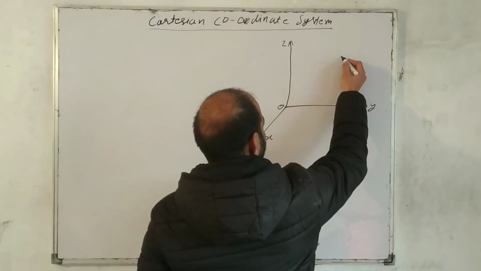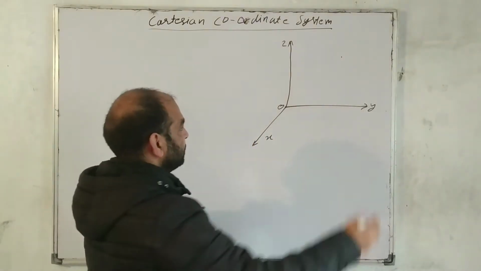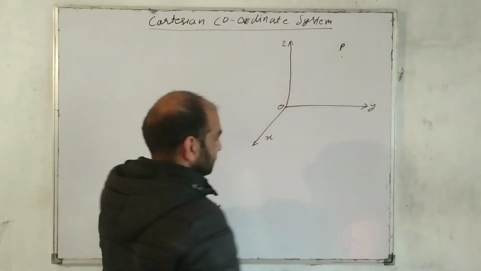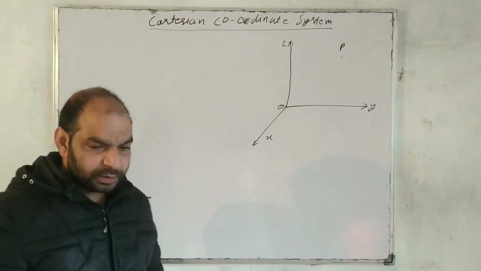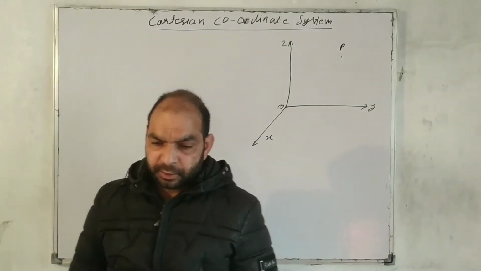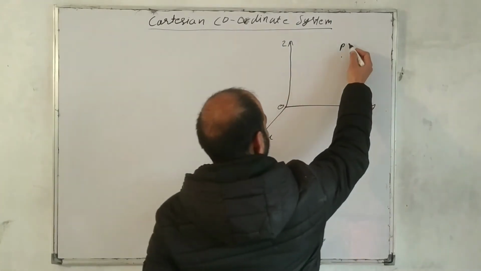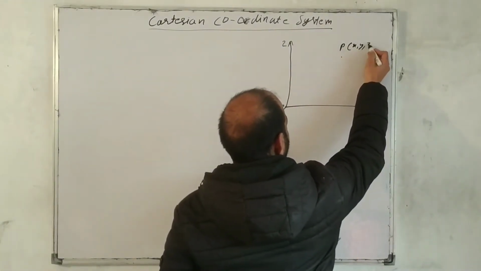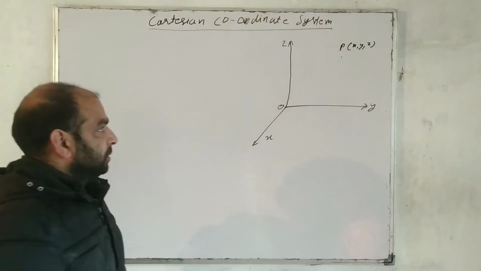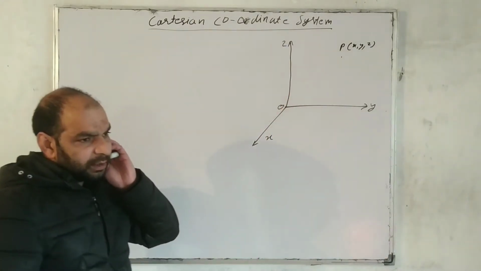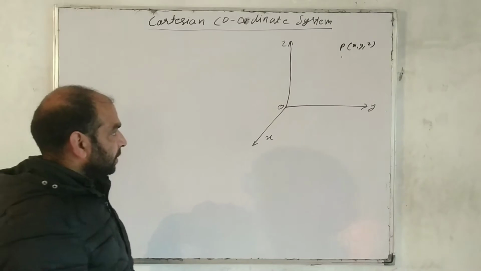Let P be any point in space. So this is point P. When we are doing some calculation in 3 dimensions, we will have three coordinates, that is x, y, z. So these are the coordinates of point P.